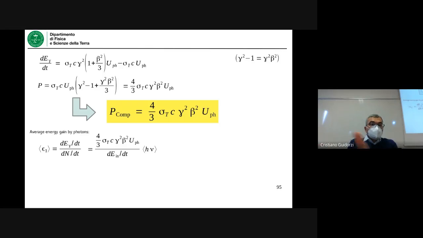This is something that we already obtained, because the total power in the numerator is exactly what we just came up with.